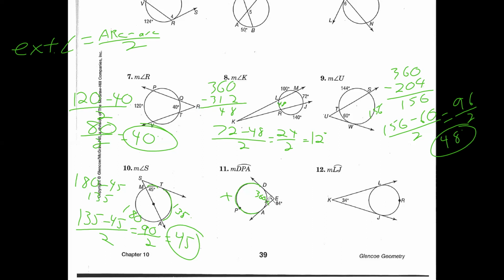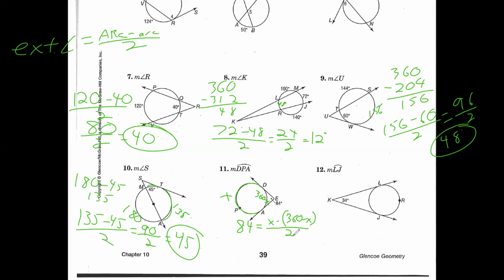We have 84, goes in for my exterior angle. We have the big arc, which in this case was X, minus the little arc is 360 minus X over 2. And now we're going to solve.